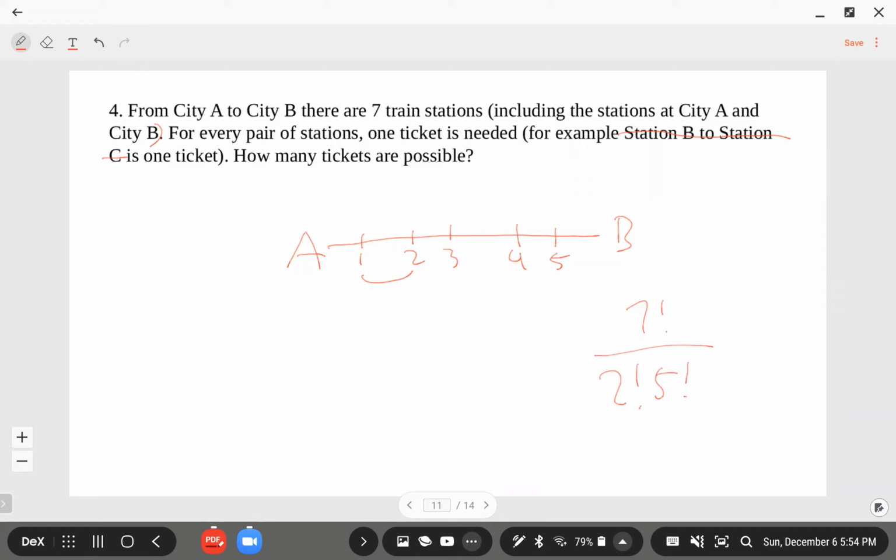So it's basically going to be 7 factorial choose 2 stations. So 7 factorial divided by 2 factorial times 5 factorial. What is that? 21 it is. And that is our answer.